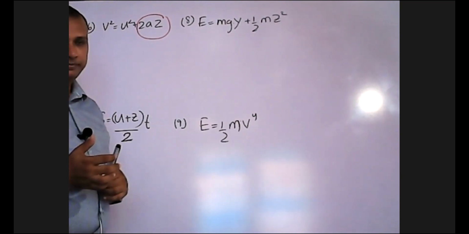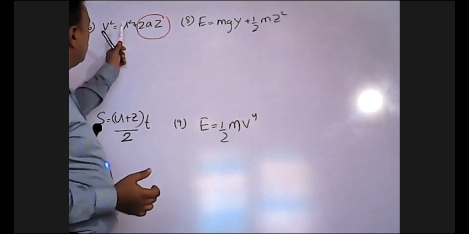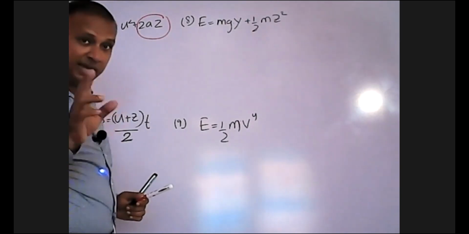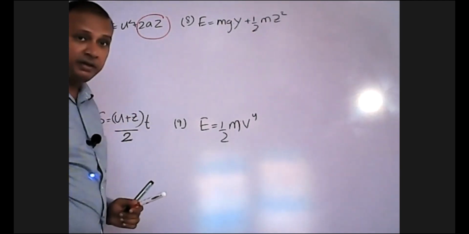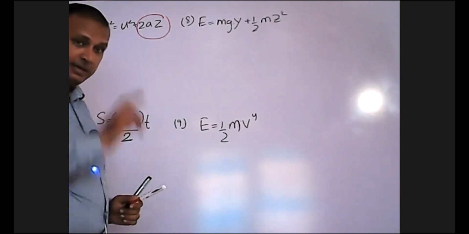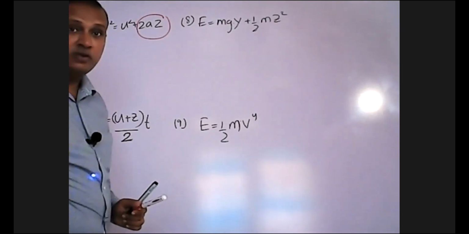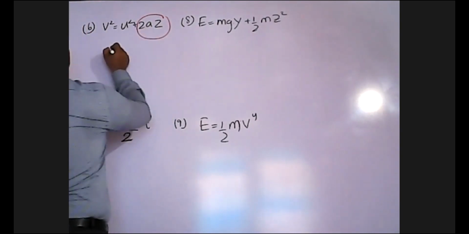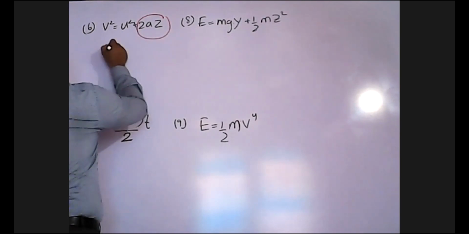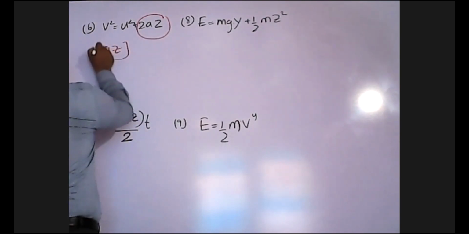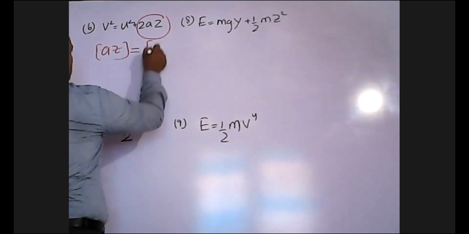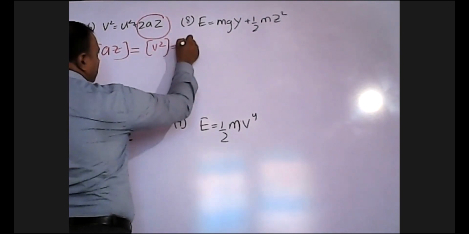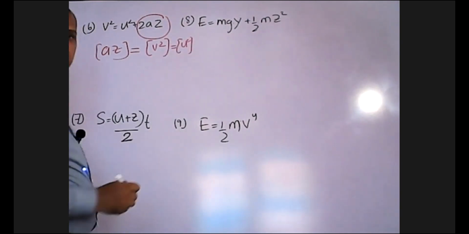And another thing is, if there is an addition between two physical quantities, then both physical quantities should have the same dimension. Then the dimension of A should be equal to the dimension of V squared or U squared.